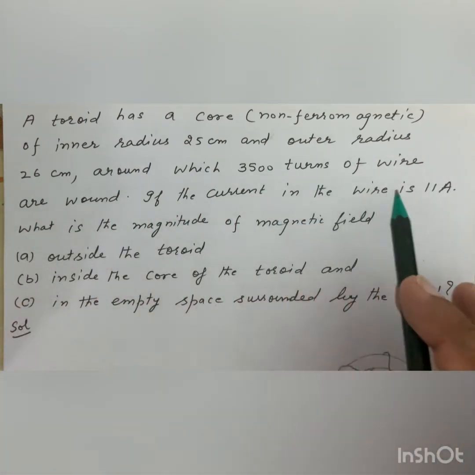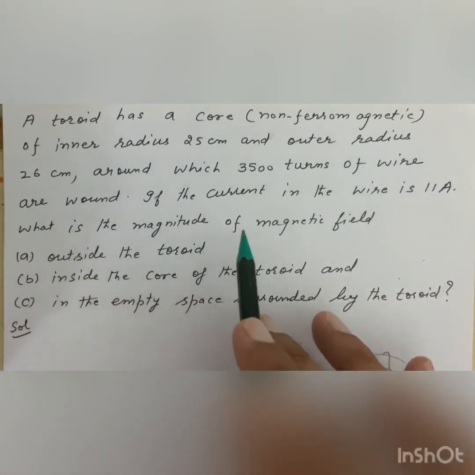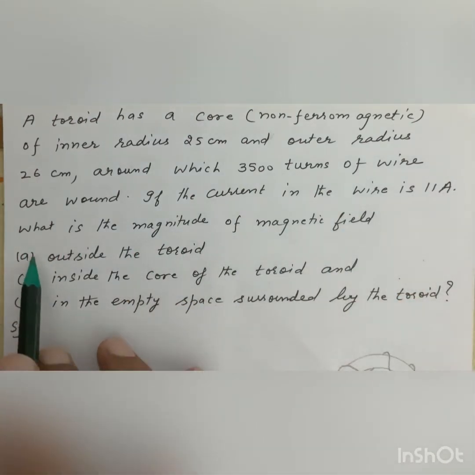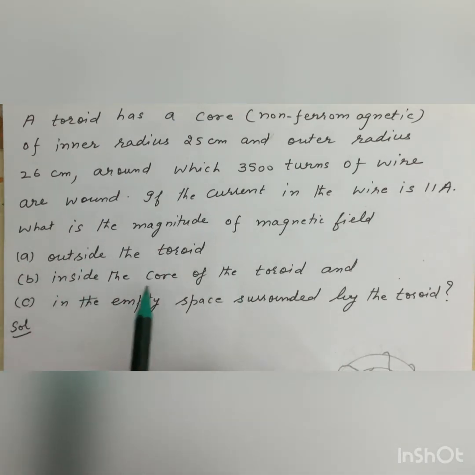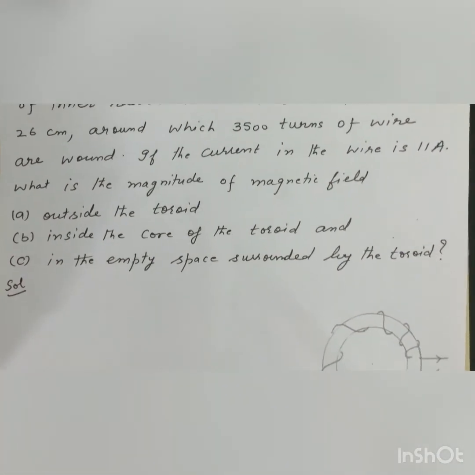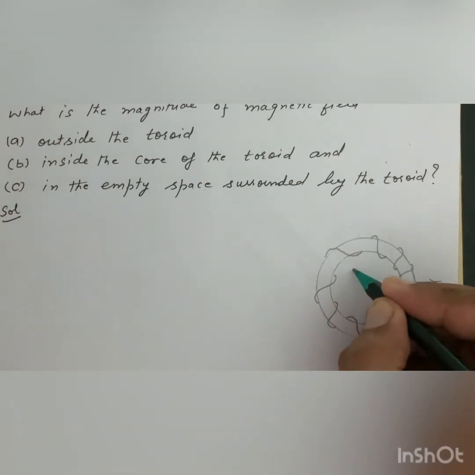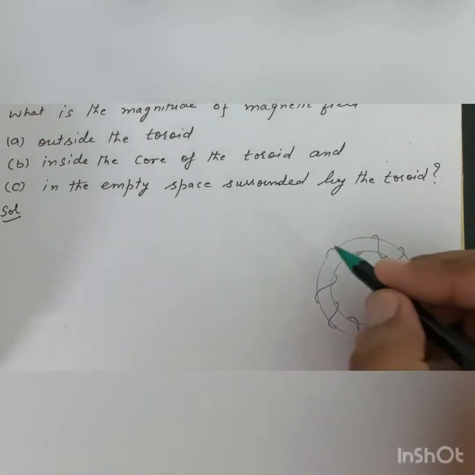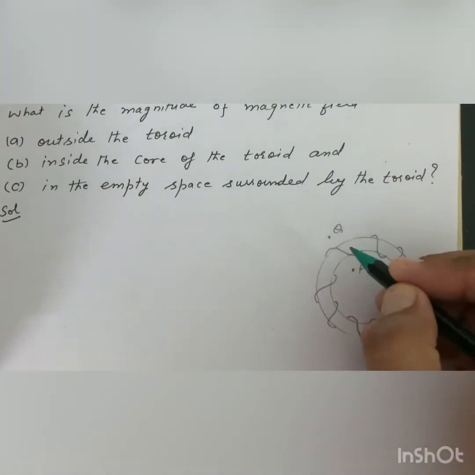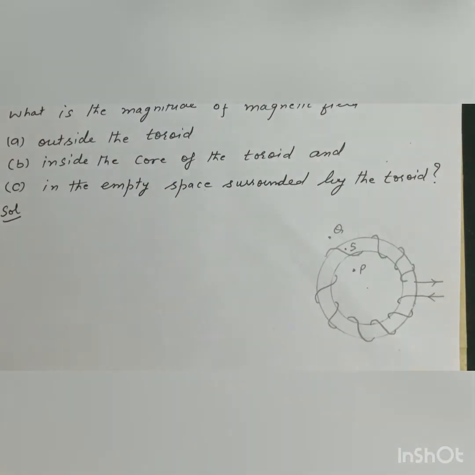If the current in the wire is 11 ampere, what is the magnitude of the magnetic field (a) outside the toroid, (b) inside the core of the toroid, and (c) in the empty space surrounded by the toroid? Here this is the toroid. We want to find the magnetic field at point P, at point Q, and inside at point S.